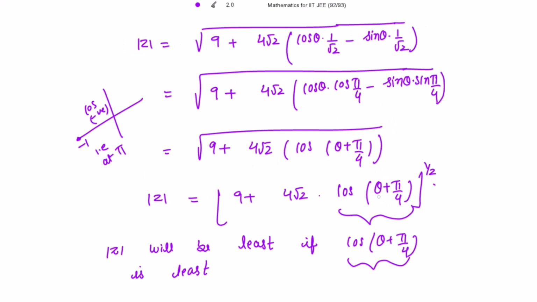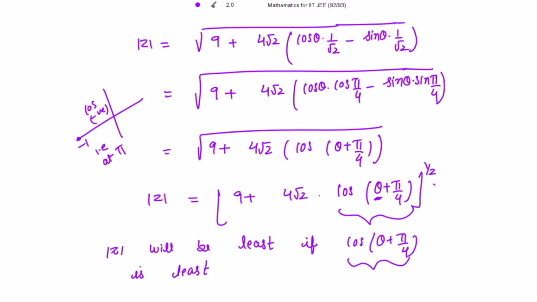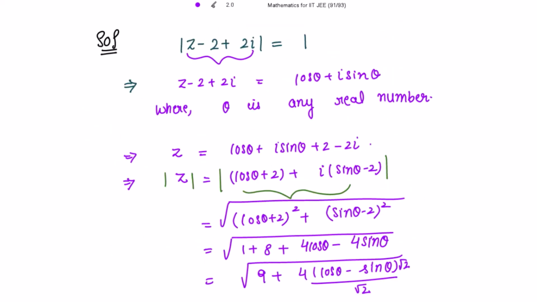So putting this value back to the complex number, the least value of mod of z is, yes, if I put theta equal to 3 pi by 4 over here, what I get? It becomes cos of pi, that is negative 1. So mod of z becomes 9 minus 4 square root 2, all to the power 1 over 2. And the complex number z is equal to, from here, cos of pi by 4 plus iota sine of pi by 4 plus 2 minus 2 iota.